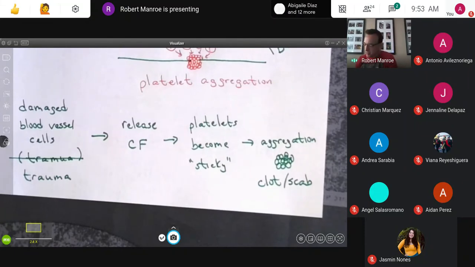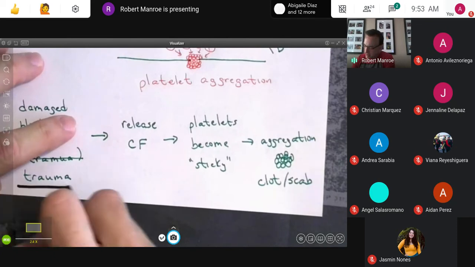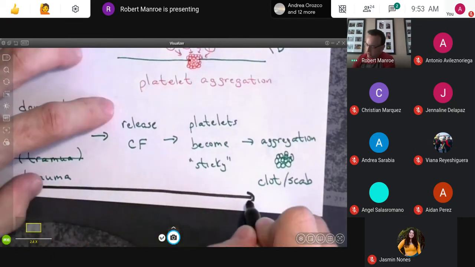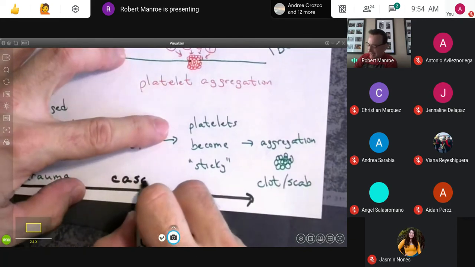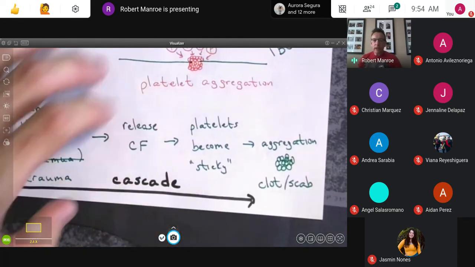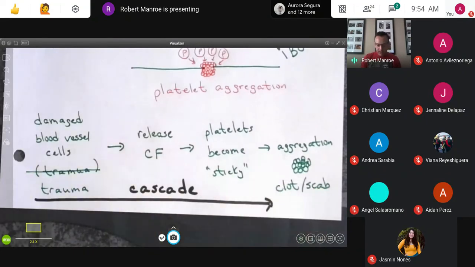Okay? So this process that goes step by step by step, in biochemistry, we call this a cascade. Whenever there is a biochemical process that goes step 1, step 2, step 3, and they're like dominoes, that's referred to as a cascade.